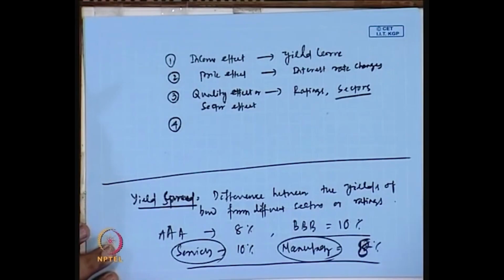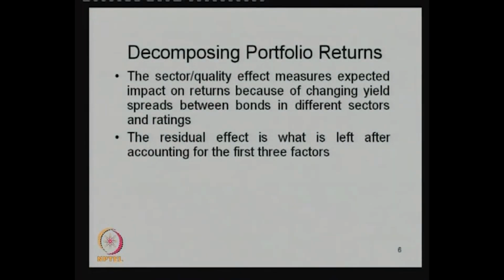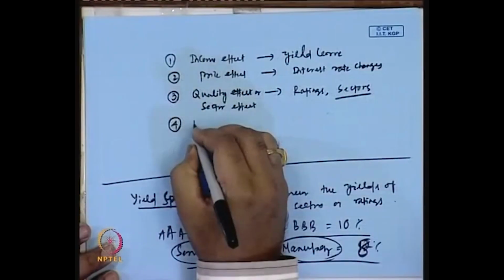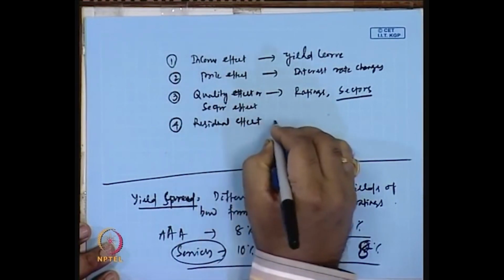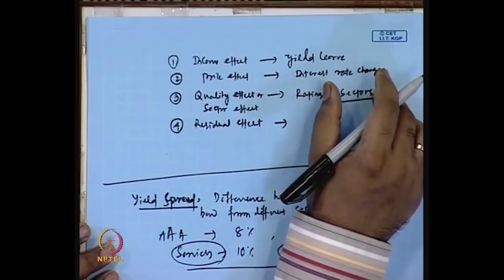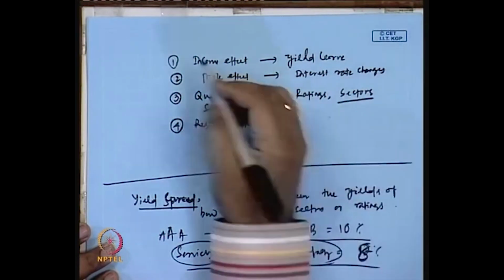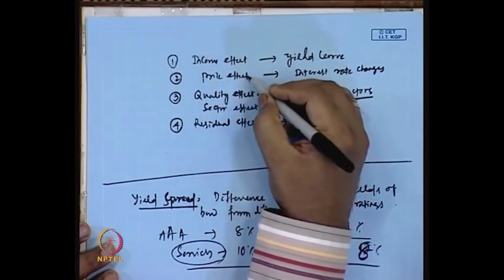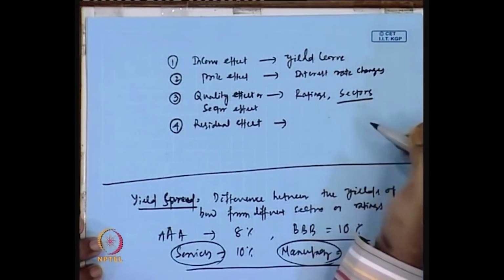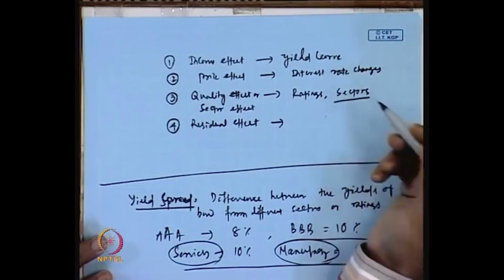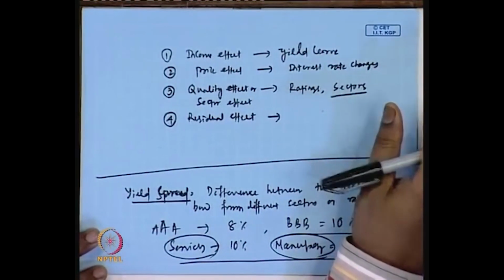Then another factor is the residual effect. The residual effect is basically what we have forgotten or not included in our model, after considering the income effect, price effect and quality effect for determining the returns from bonds. Maybe because of market fluctuation, because of a crisis, or certain other unforeseen situations.